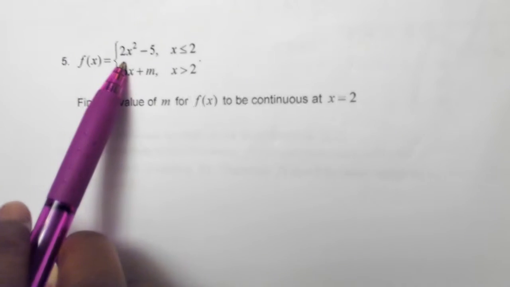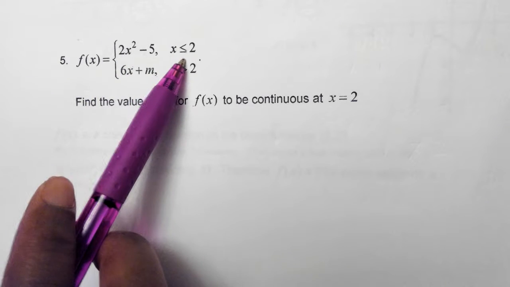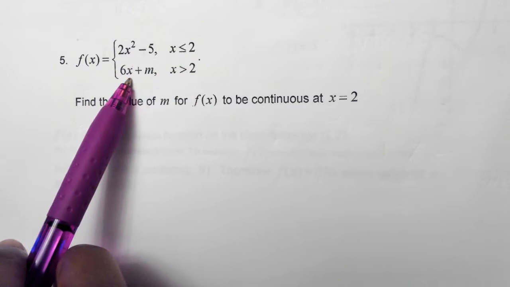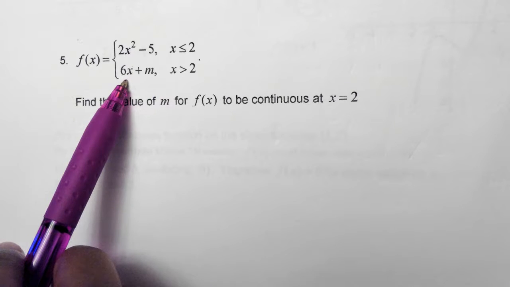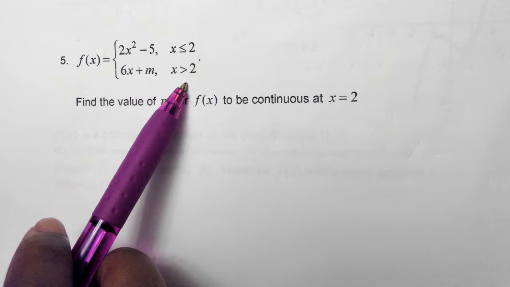In this situation, we have an initial section of our piecewise function when x is less than or equal to 2, where the function is 2x squared minus 5. We also know that the function is 6x plus m when x is greater than 2.